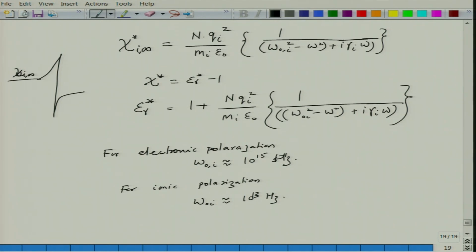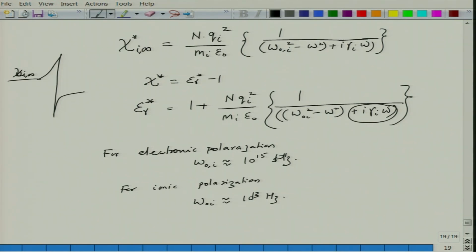For the calculation of susceptibility and dielectric constant, you have to use frequencies lower than the natural frequency for electronic and ionic polarization, assuming that this damping term is very small, negligible.